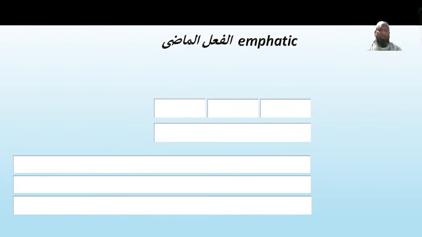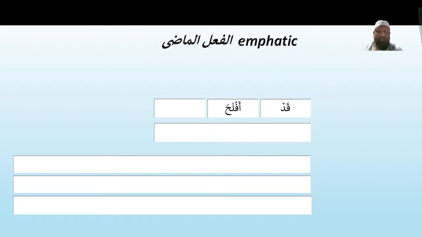So here are some examples using qad to make al-fi'l al-madi emphatic. Obviously, we are doing al-jumlatul fi'liya with al-fi'l al-madi. To make al-fi'l al-madi emphatic, we need the particle qad. We start with qad. So because it's emphatic, قد أفلح. أفلح is the الفعل الماضي.